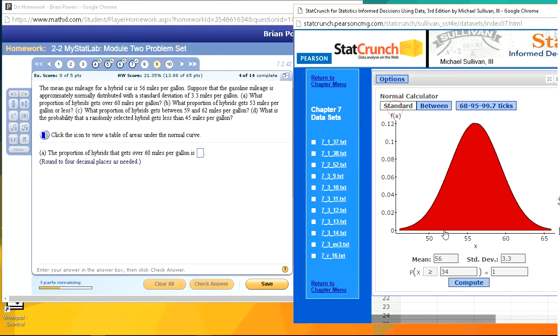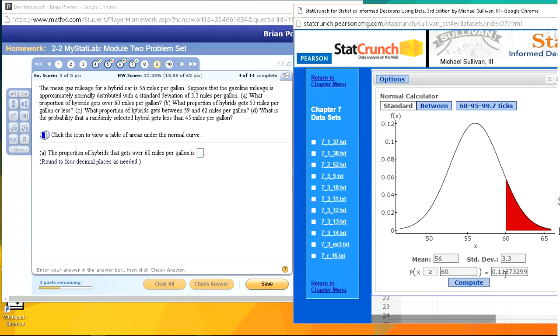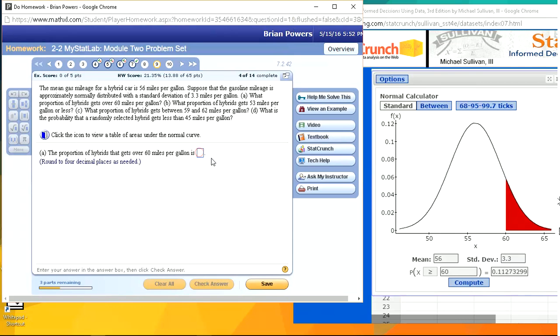So over 60, enter, compute, same thing. There you got your probability right there in the tail. 0.1127.